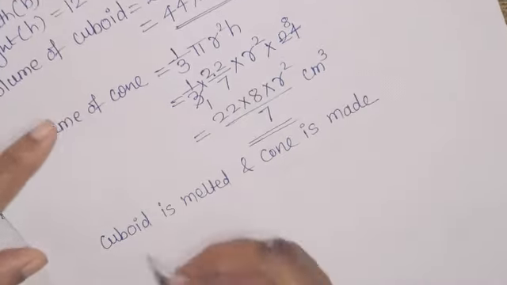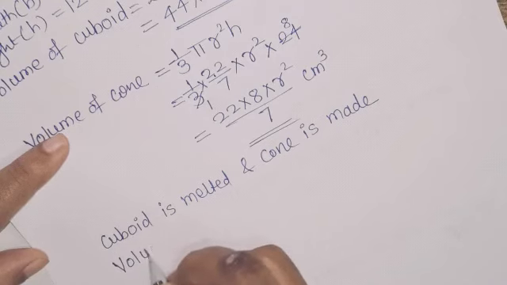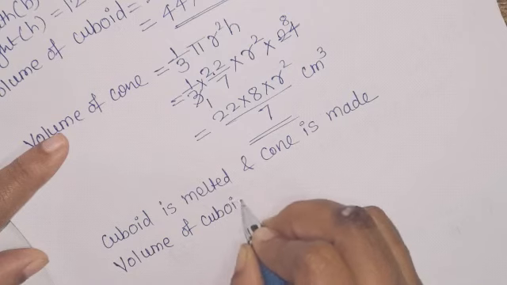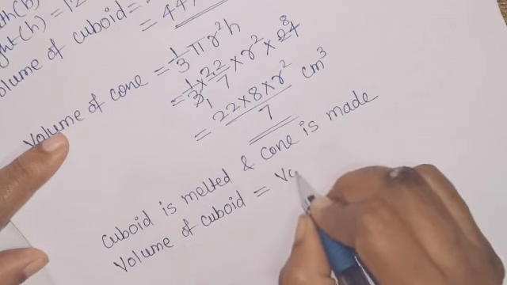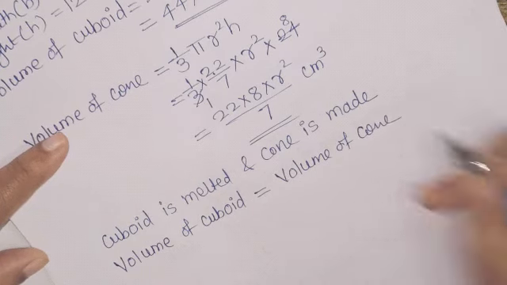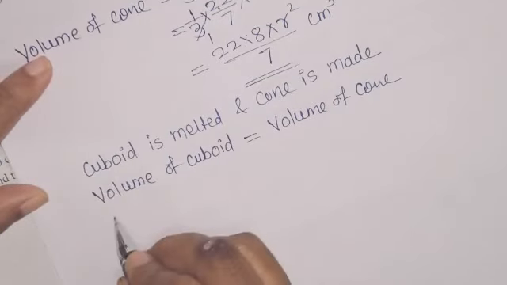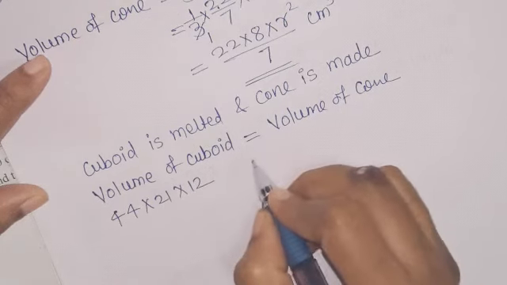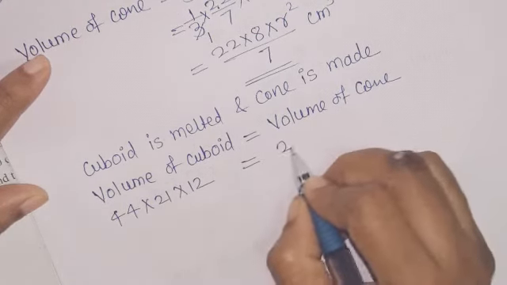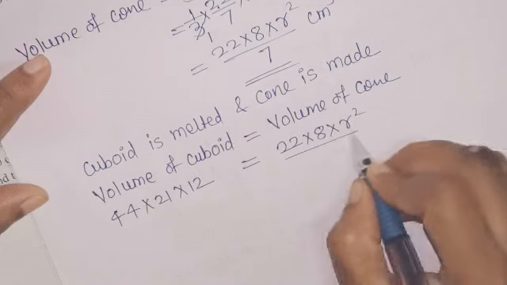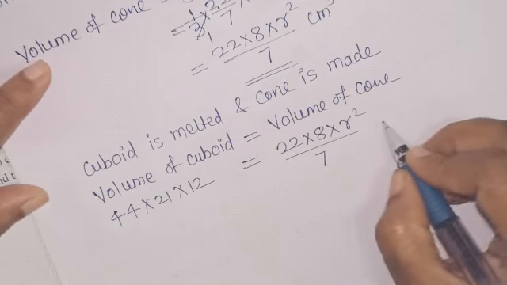That means volume of cuboid is equal to volume of cone. Okay. So volume of cuboid we calculated 44 into 21 into 12 equal to volume of cone is 22 into 8 into r square upon 7.